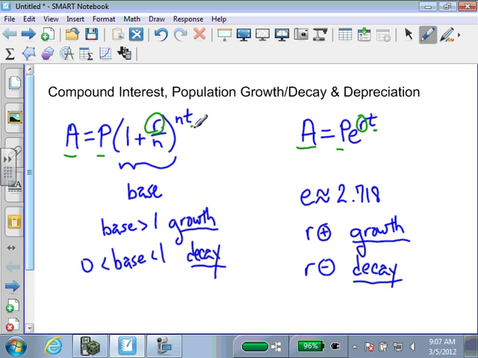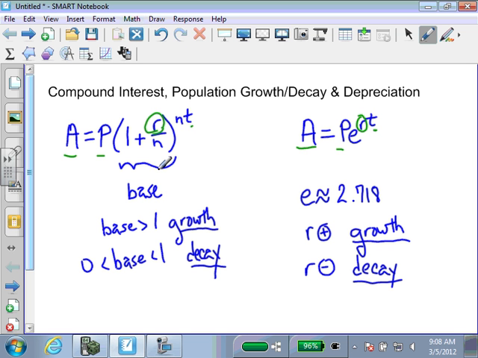Although it could be time in minutes, hours, or months, most often it's time in years. In this formula, the one unknown is N. N is the number of times we compound each year.